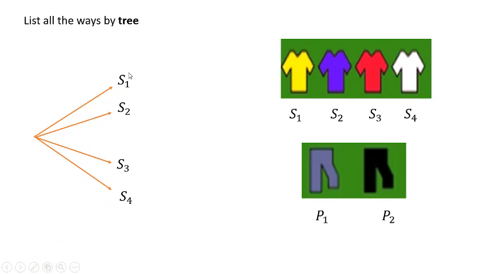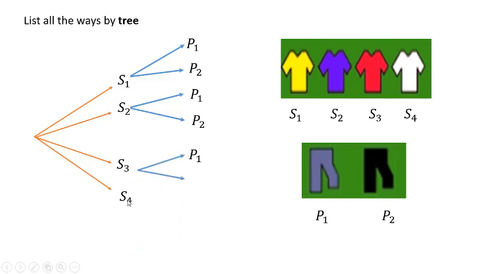In the case Sammy wears S1, he has 2 choices for a pant. He can wear P1 or P2. In the case Sammy wears S2, he has 2 choices for a pant. He can wear P1 or P2. Similarly for S3, similarly for S4, we have other 2 options.